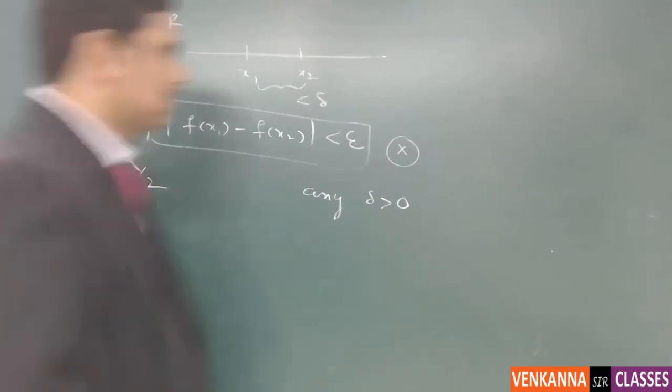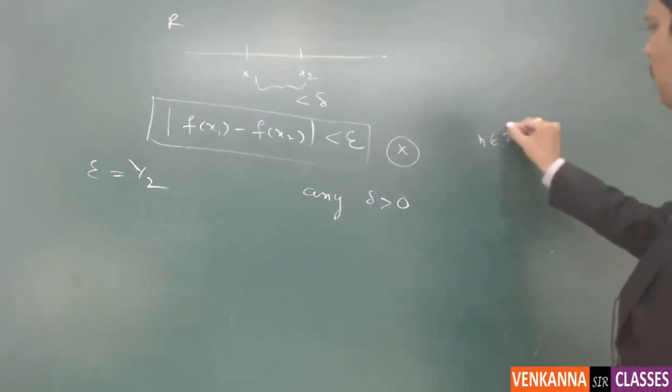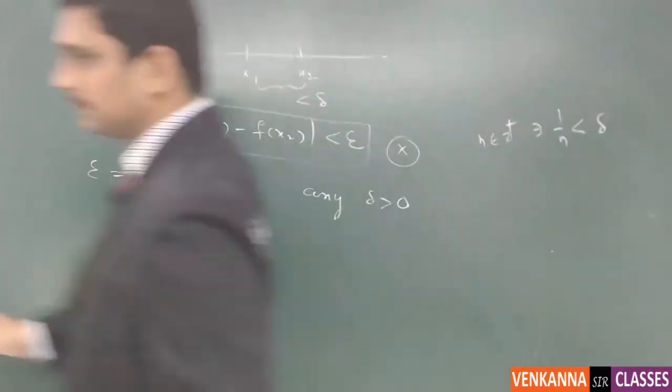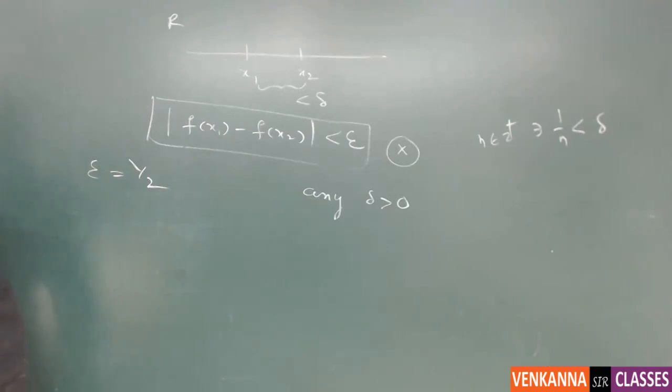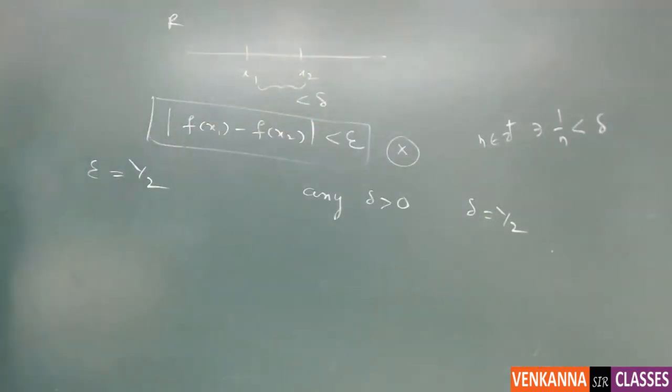Now, whatever delta you take, you can find a positive integer n such that 1 by n is less than delta. Accepted? Yes or no? Do you agree or not? Suppose you have a doubt, let us say delta is equal to 1 by 2. Can you find a positive number n such that 1 by n is less than delta?